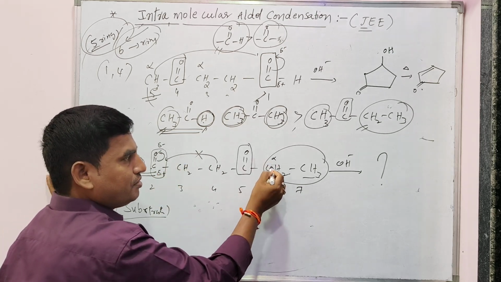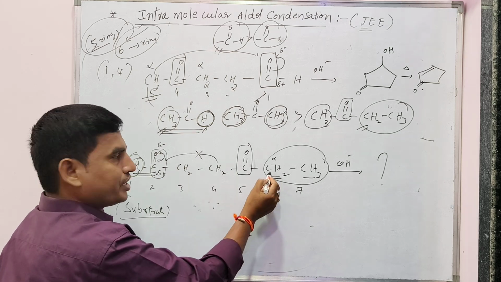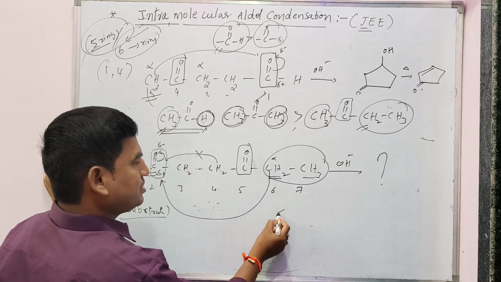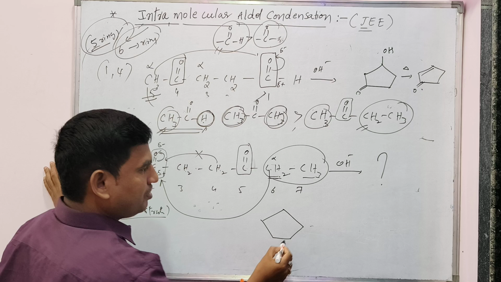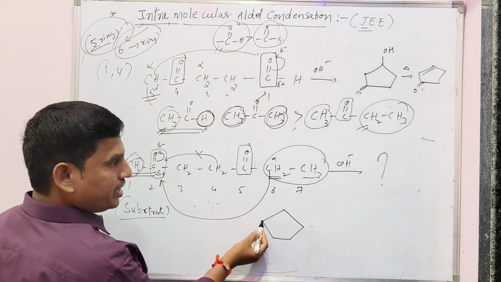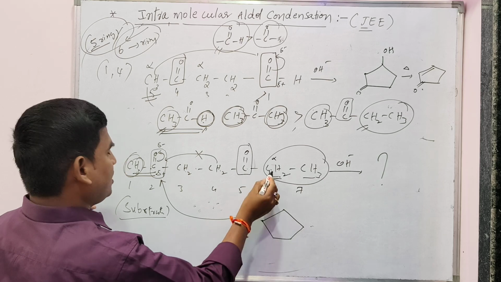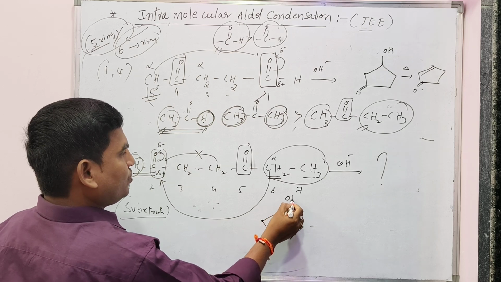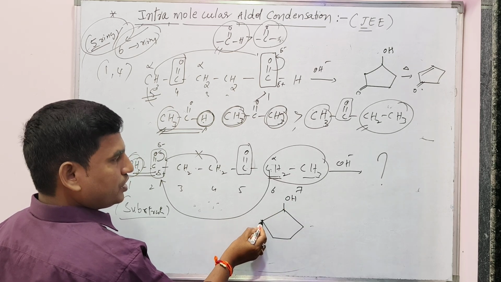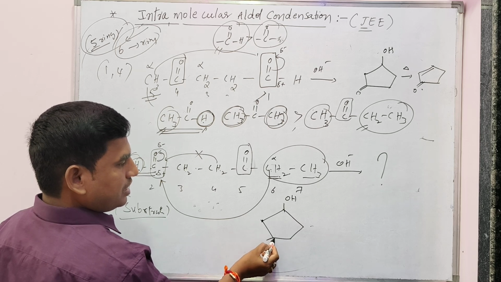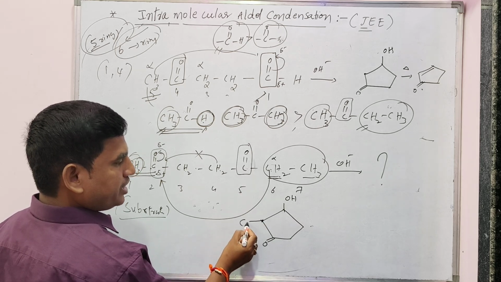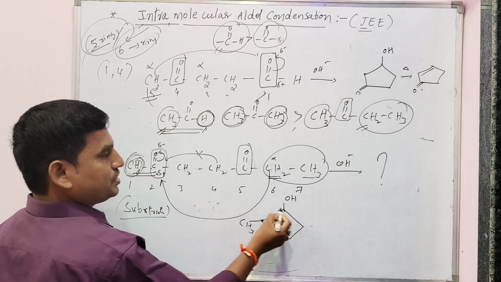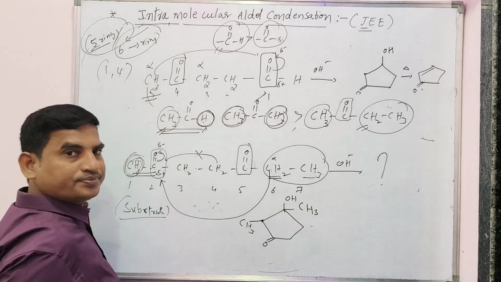If you go for this side alpha carbon, counting 1, 2, 3, 4, 5, it is a 5 membered ring, so it will be involved in the reaction. So the major product comes from the 5 membered ring possibility. The carbanion on the side chain is added here, giving OH, a CH2 group, and the next carbon with double bond O. The methyl group is also there as a side chain, joined here, and this OH group also has a methyl group.